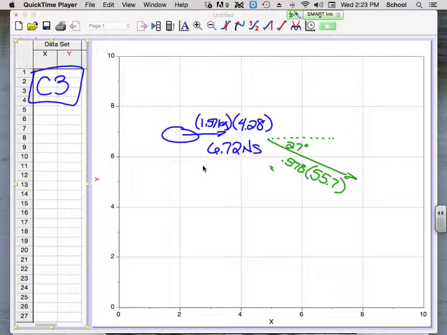So clearly its momentum is 32.2 Newton seconds. Since I can see a triangle trying to form here, over here we're going to use cosine, over here we're going to use sine. So sine of 27 times the hypotenuse, or cosine of 27 times the hypotenuse.